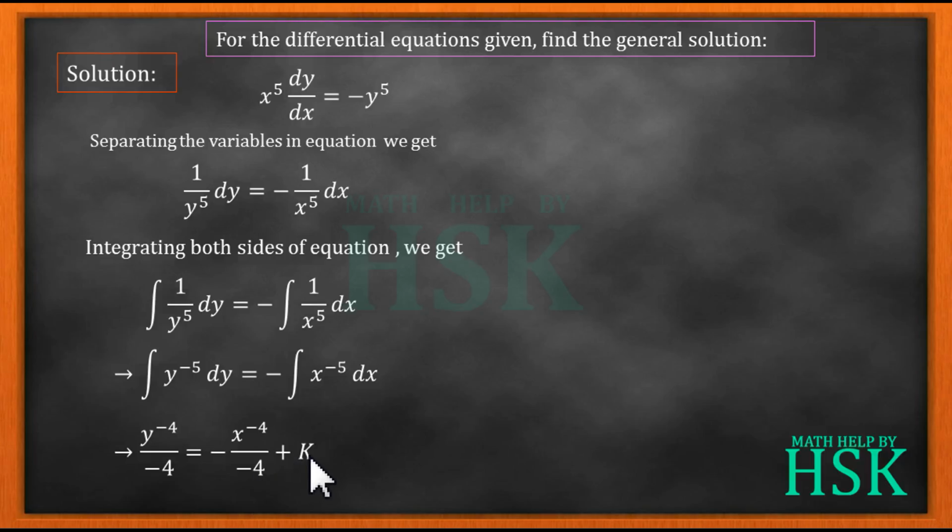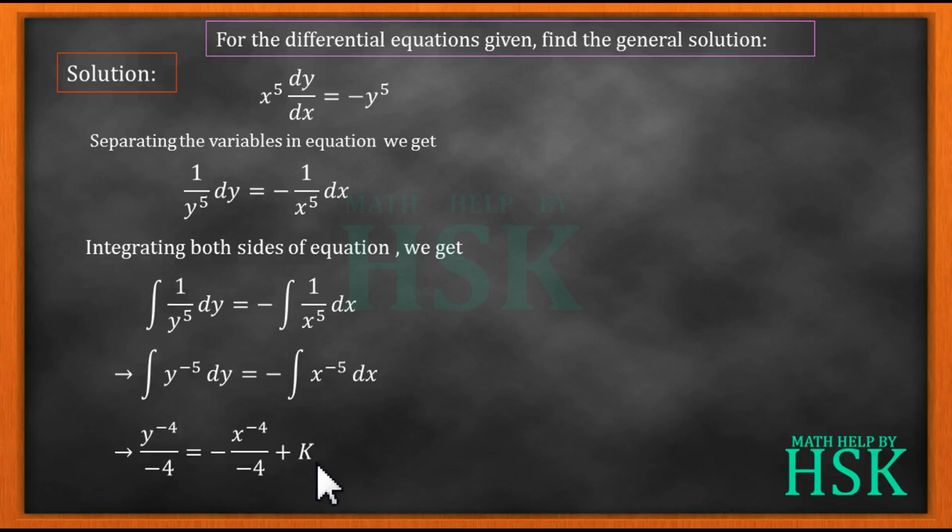plus k. Here the integral constant has been taken as k instead of c, because there are chances that the integral constant is going to be changed, and since we take the final integral constant as c, there are conditions that the integral constant will have to be changed, so I have taken it as k.